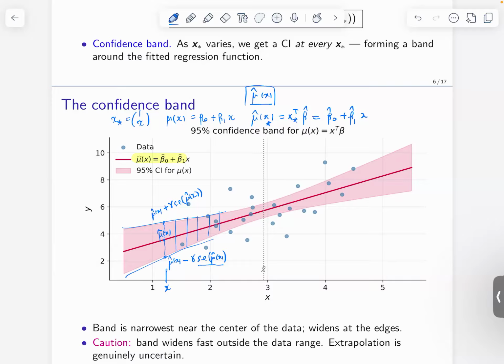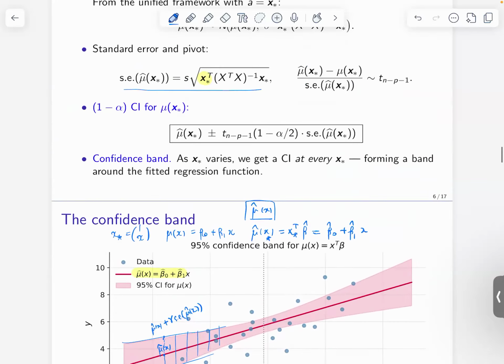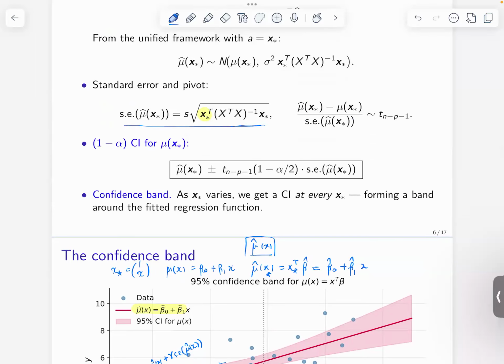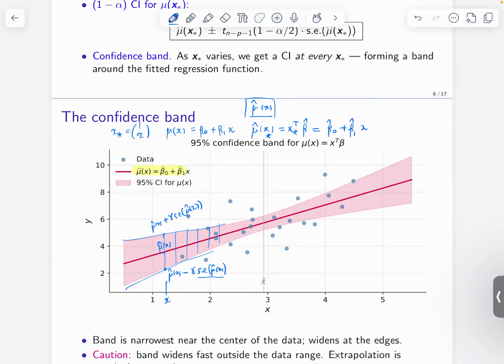The center would follow a line, but the upper and lower bounds do not follow a line, because this would be like a quadratic. Well, you'll see next time. And so you can see that the bands widen as you move away from the center of the data in the x direction.